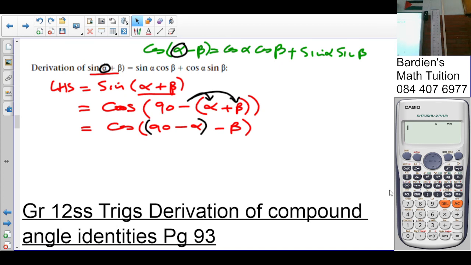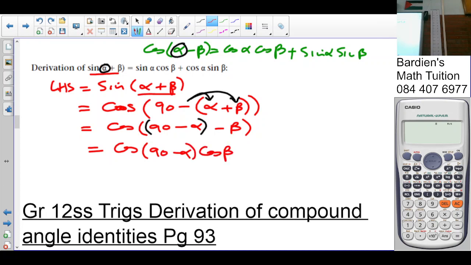So we're going to go with that expansion now. So it's cos of alpha minus beta. We said it can be written as cos of 90 minus alpha, cos of beta, plus sine of 90 minus alpha, sine beta. Okay?